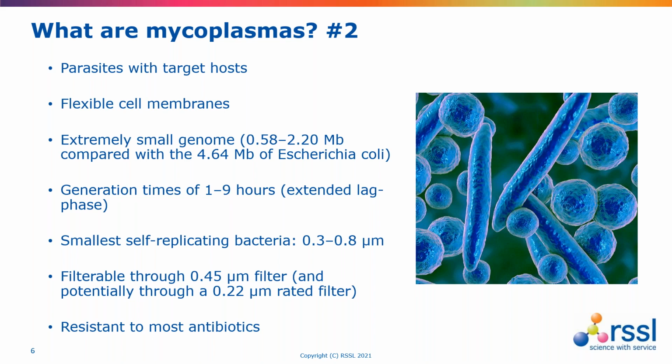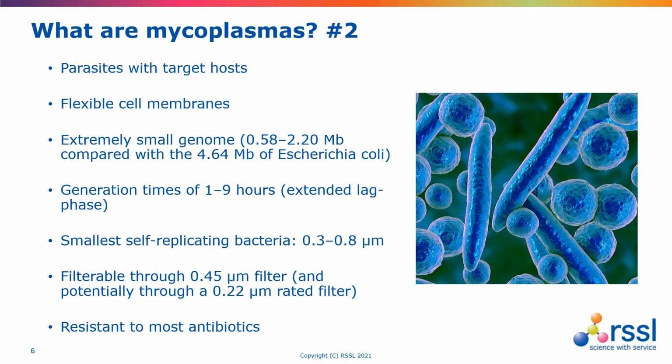They have a very extended lag phase, which can be up to 9 hours, and then a prolonged generation time. This means that it takes quite a long time for colonies to form, which could then be visualized. And as we come to look at the culture method, they can only be visualized using a microscope. So the time to form a colony is quite long.